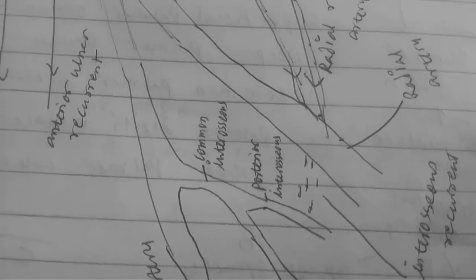For that matter, coming off of the ulnar artery, we also have something called the common interosseous artery. We have seen that the ulnar artery comes off a bifurcation of the brachial artery.